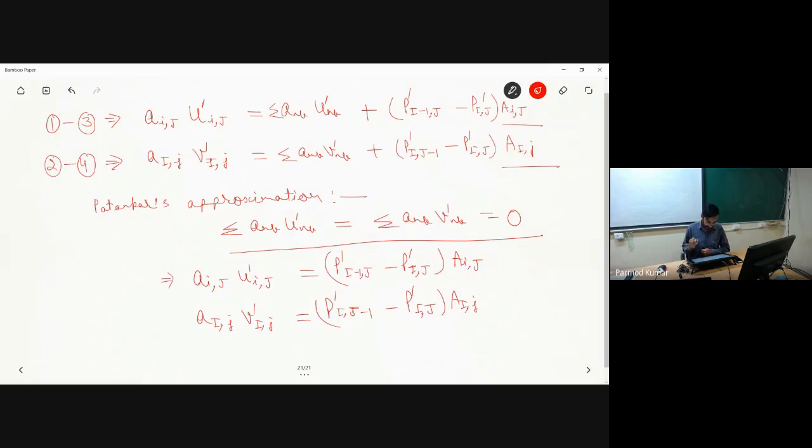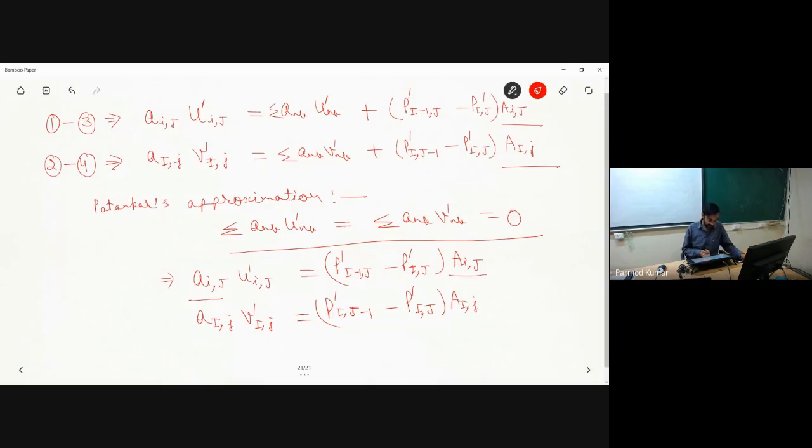Then if we substitute these approximations into our main equation, we found that A ij into U dash i comma j is equal to P dash i minus 1 comma j minus P dash ij into A of ij. So this is the relationship between velocity correction and pressure correction for the x momentum equation.